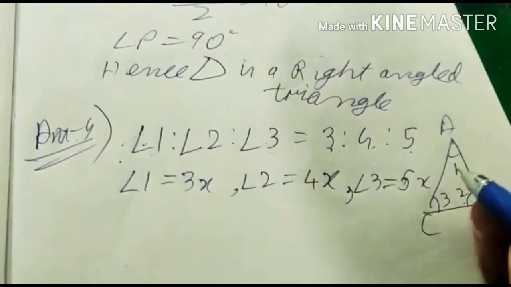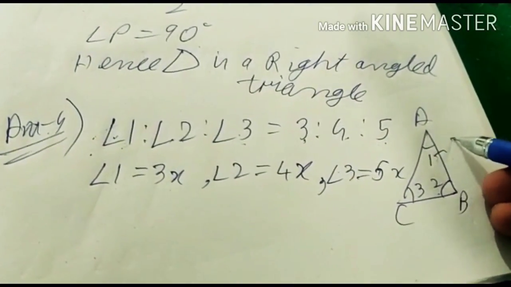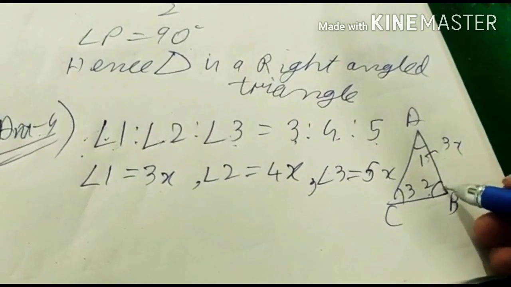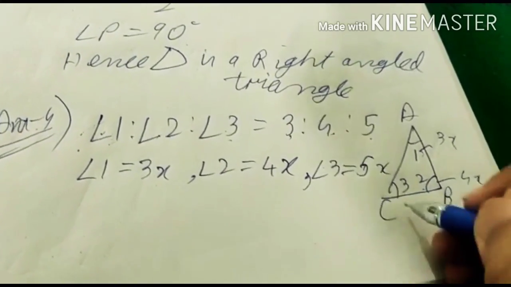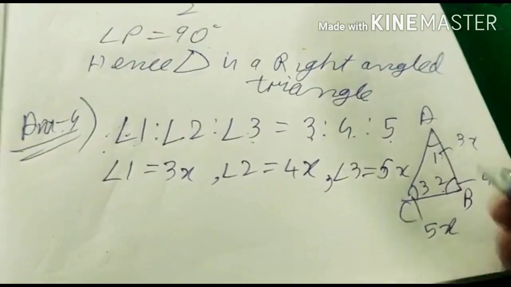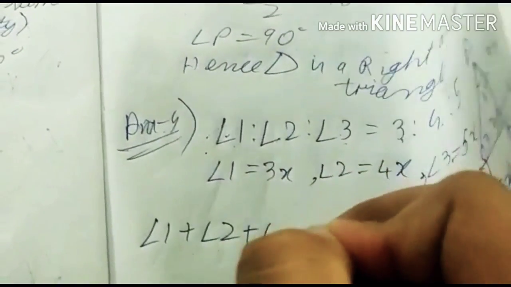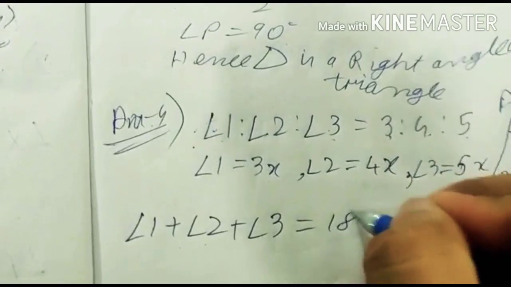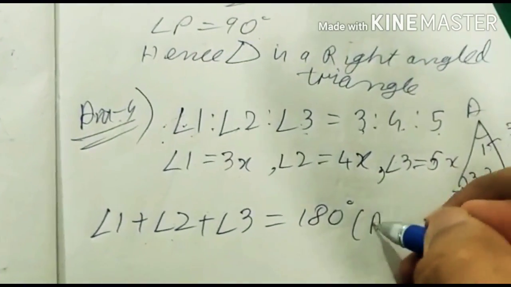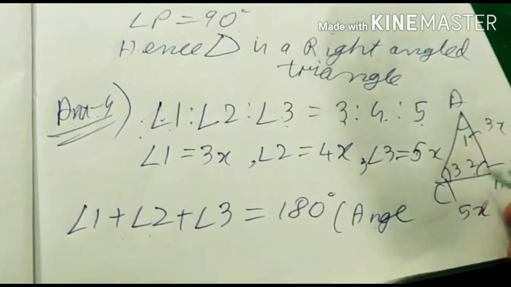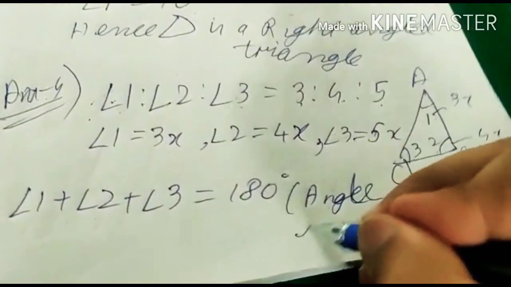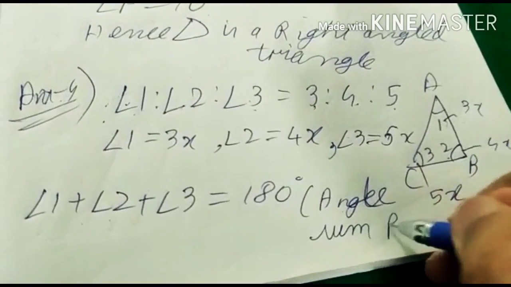Angle 1 is 3x, angle 2 is 4x, angle 3 is 5x. And always remember, angle 1 plus angle 2 plus angle 3 is 180 degrees. That is the angle sum property, the sum of all three angles is 180 degrees.